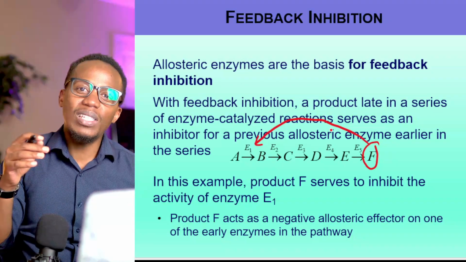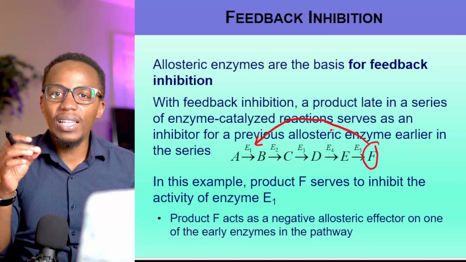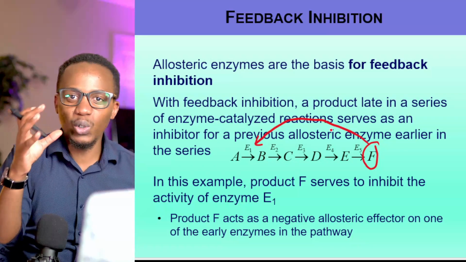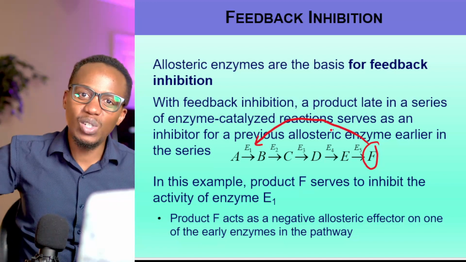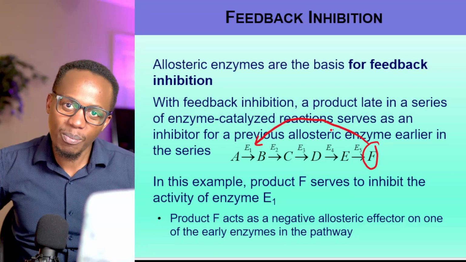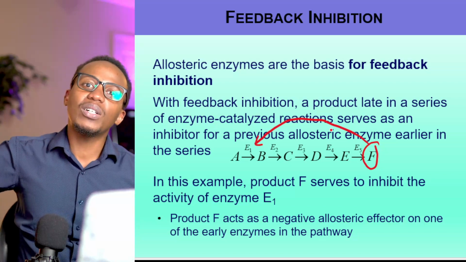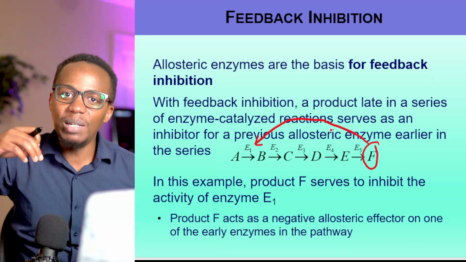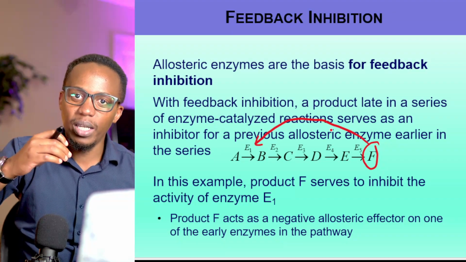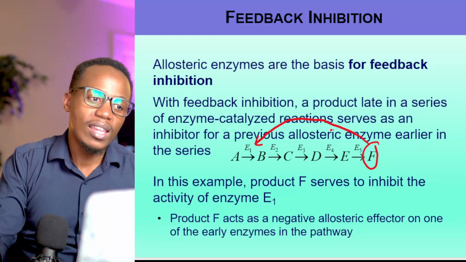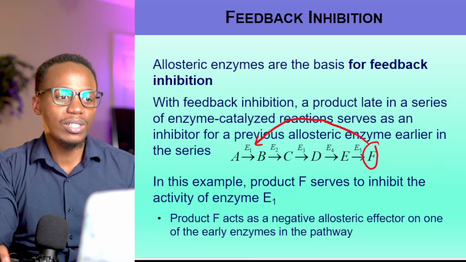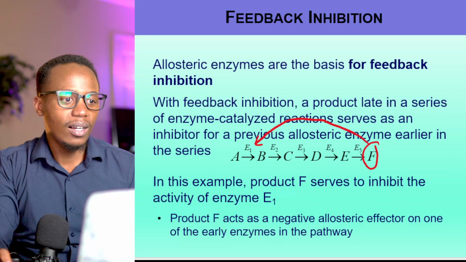And this happens a lot in glycolysis and glucose metabolism, where you made too much ATP, for example, and ATP comes back to inhibit enzymes in the glycolytic pathway because it's like, hey, we've made too much ATP, slow down. This is called feedback inhibition.